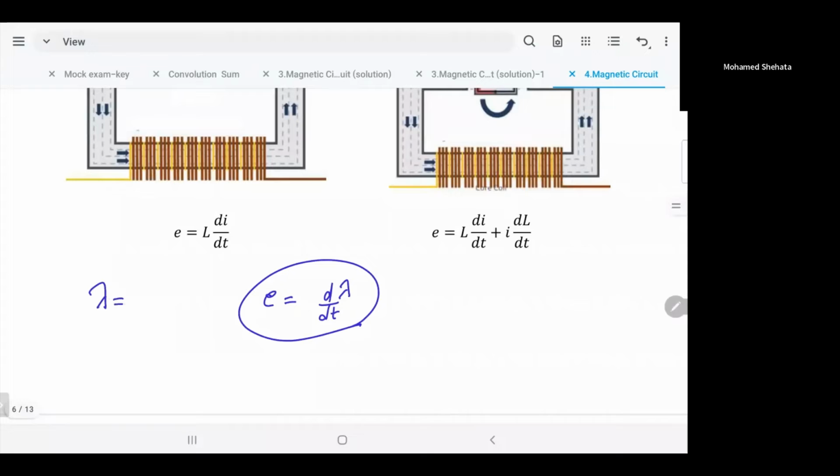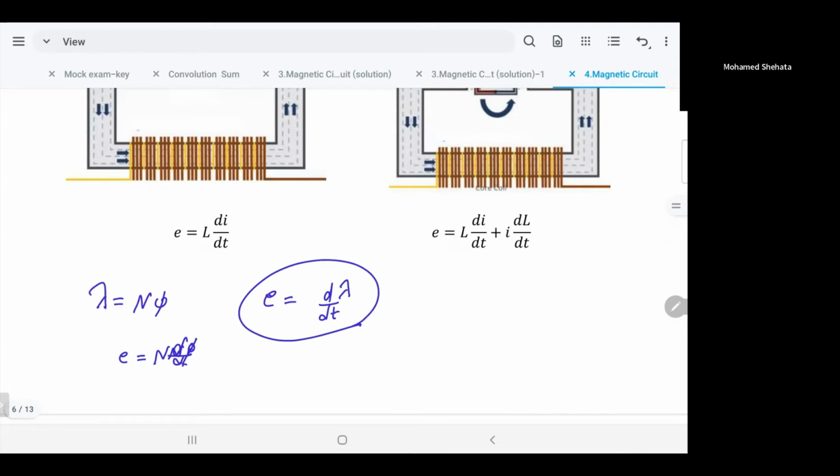Remember, flux linking is N phi. If you have only one turn, N equals 1, so E is equal to d phi by dt only. If you don't have N equal 1, it will be N d phi by dt. But you know N phi is the flux linkage, so this is the general form. The negative sign just gives the physical meaning that I explained.